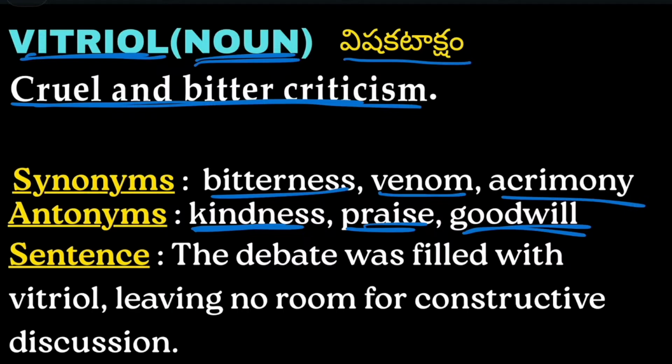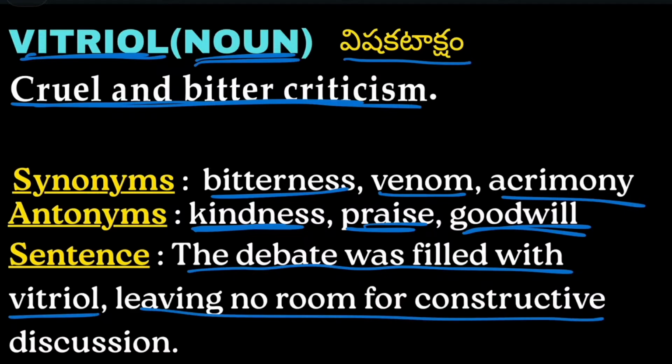Next example sentence we have: the debate was filled with vitriol, leaving no room for constructive discussion. So, the debate was completely filled with cruel and bitter criticism, and there was no room for constructive discussion.